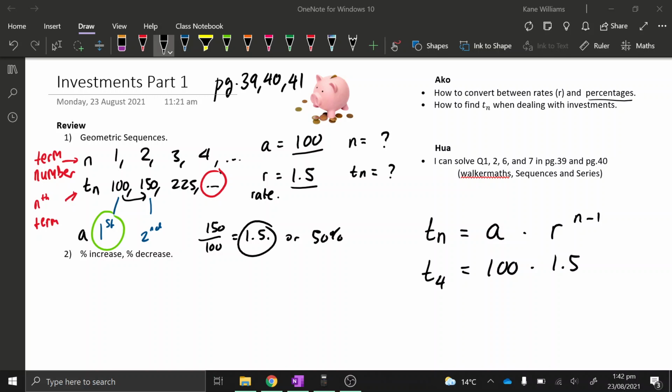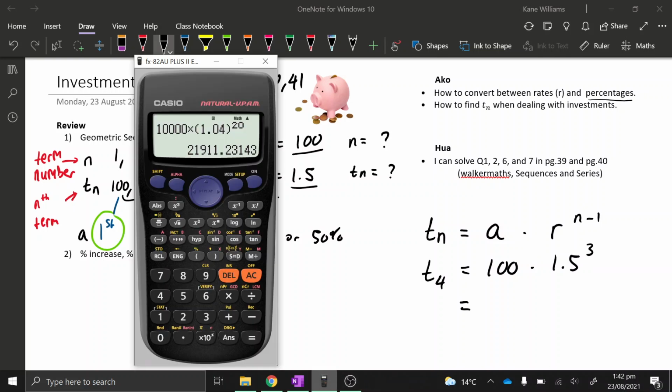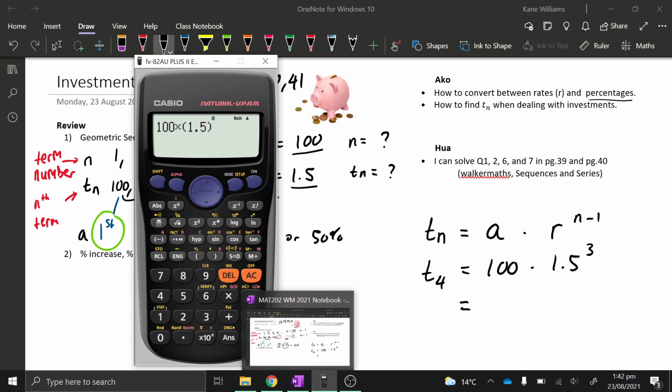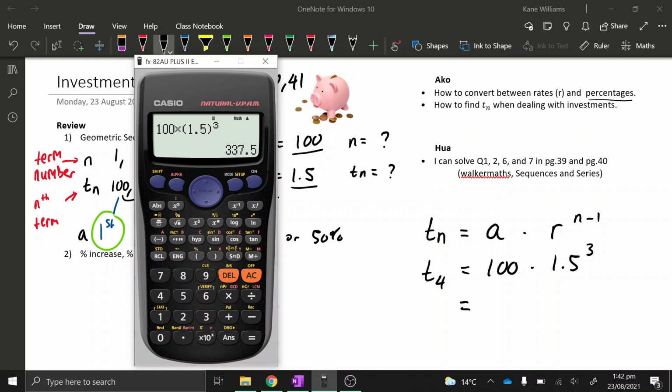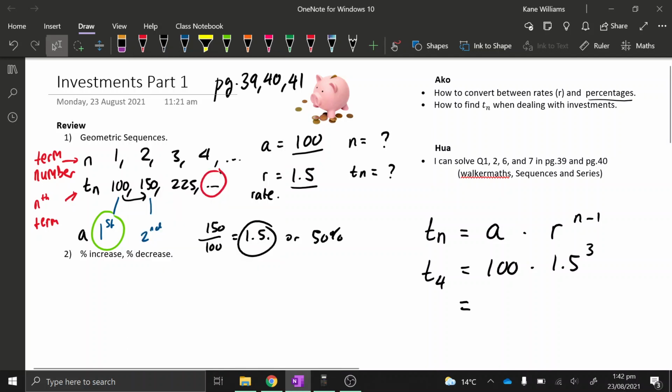And our n now is 4, so 4 minus 1 is 3. So bring your calculator out. 100 times 1.5 to the power 3 is 337.5, whatever unit it is. All right, that's the first part of the review.